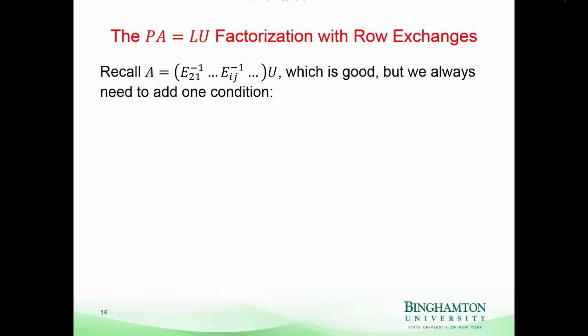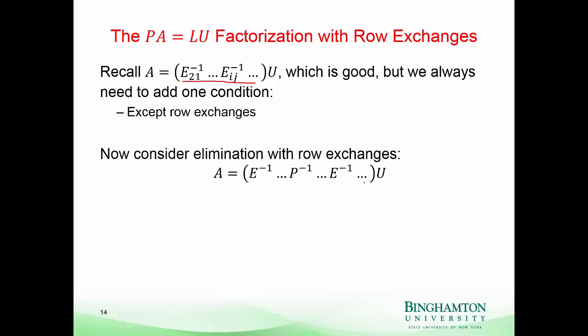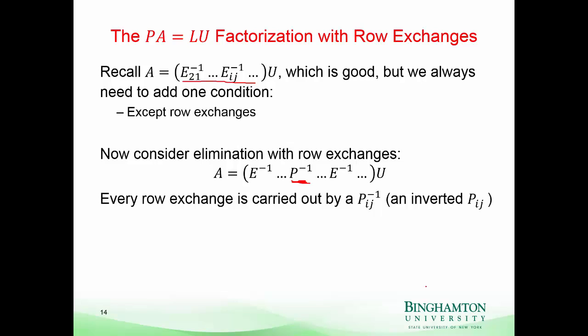So what we've been looking at so far is a whole stream of eliminations, but with no permutations needed. And we've always had to say, except no row exchanges. But suppose we end up having to do a row exchange somewhere in there, a permutation.